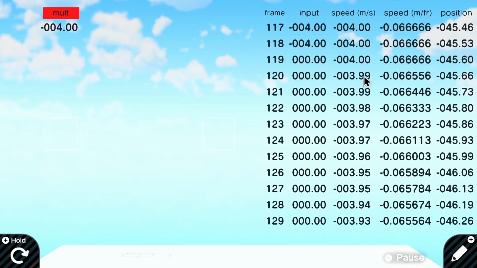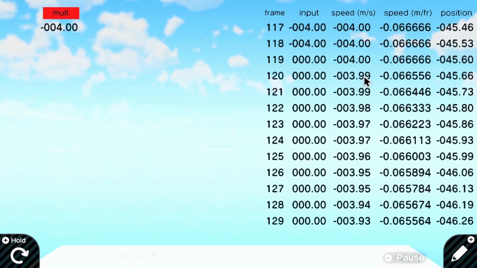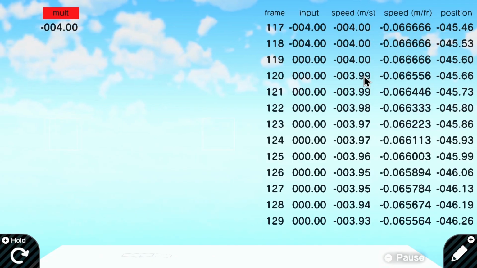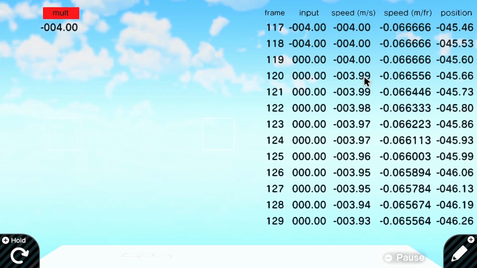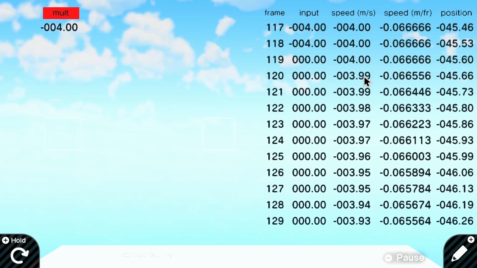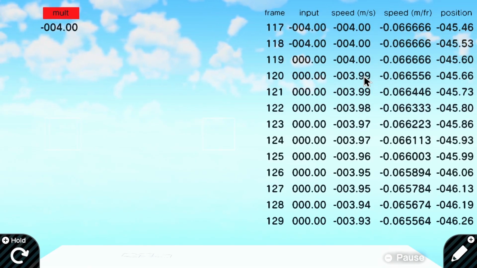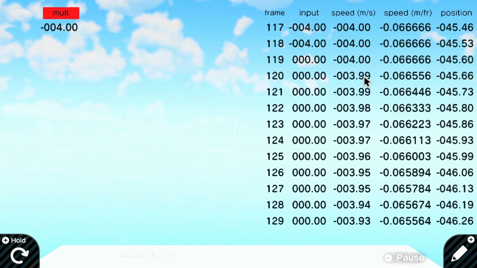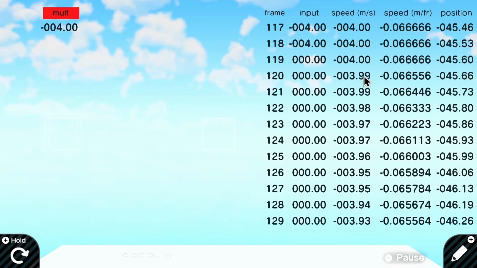So that's basically how the speed object actually works. It just works as an accelerate object, but it caps the acceleration at the input it gets. So it doesn't try to set the speed to the input. It tries to accelerate the object with the input, and if it goes over the input, it stops.